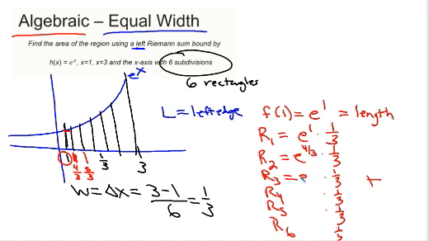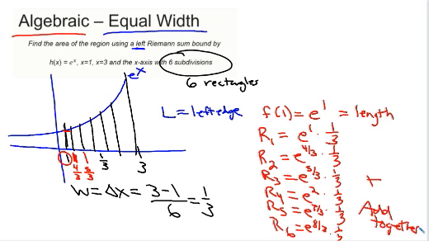So this length would be e to the 5/3. Then we're up to e to the 6/3, which is e to the second, e to the 7/3 power, and e to the 8/3 power. All right, so there's our 6 rectangles, and then we add all these together.